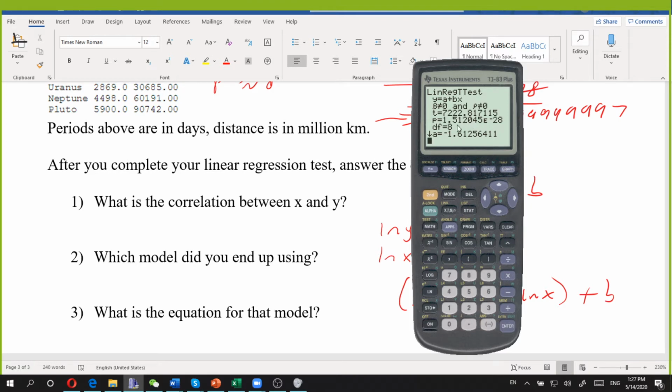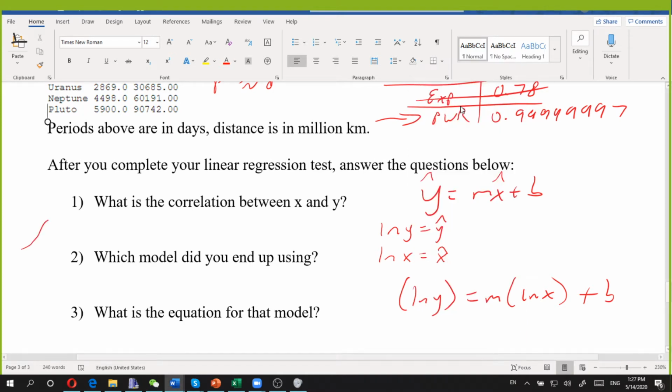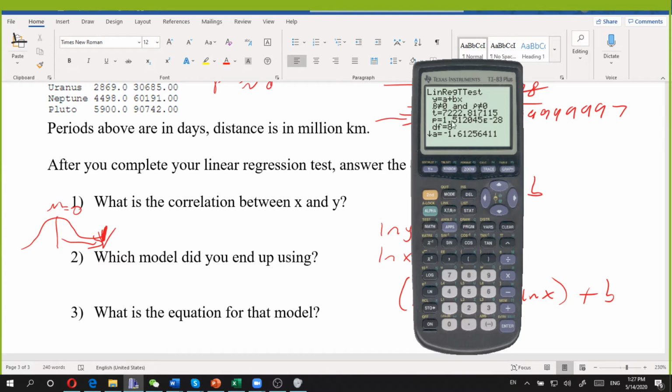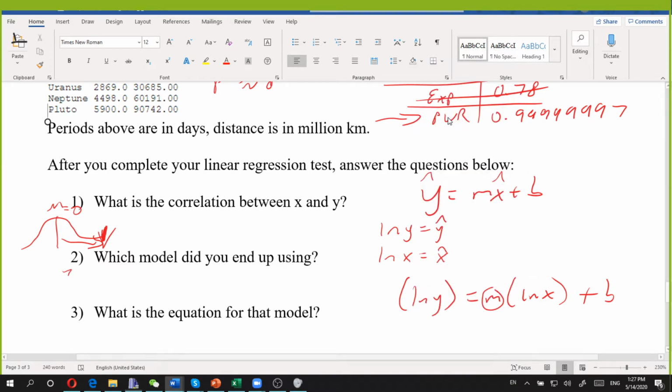Okay, so what this means, this t-value here, is how many standard deviations you are away from the median. So if we had a bell curve where our mean was a slope of 0, in order to get a random value that is as far to the right as our value that we got for the slope, you would have to be more than 7,000 standard deviations away from the mean.